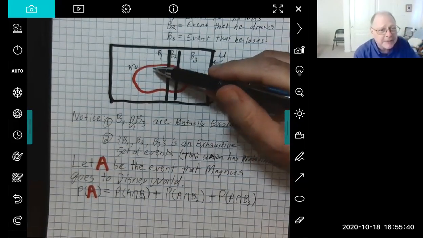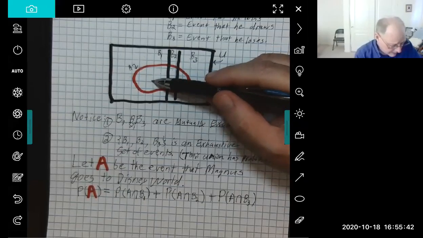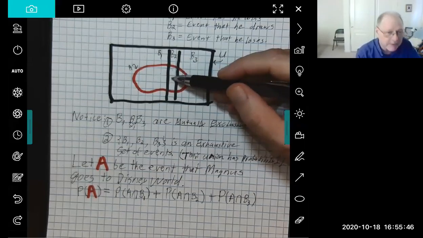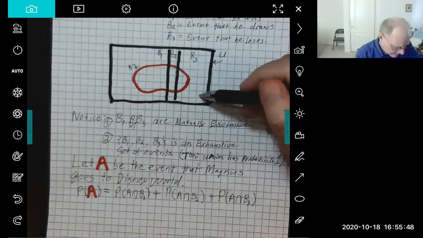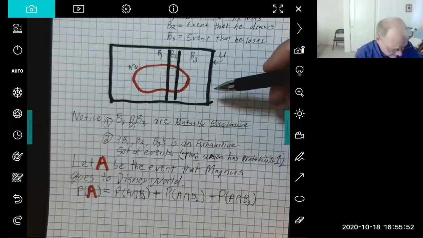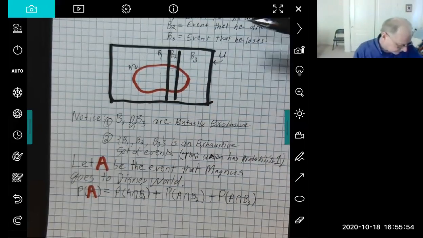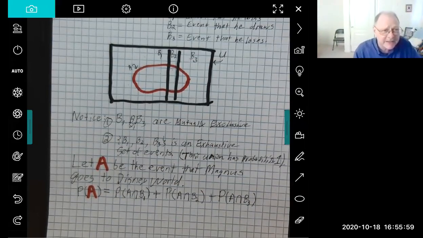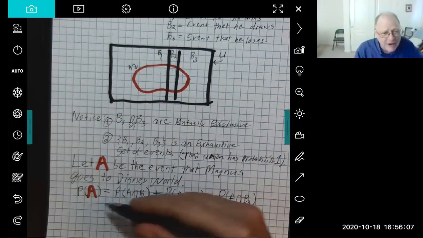So there's a certain percentage of the time when he goes to Disney World and he won, a certain percentage of the time he goes to Disney World and he drew, a certain percentage of the time he goes to Disney World and he lost. You just add those three percentages together. They've got no overlap because of the way the B's are mutually exclusive. So that's the probability.